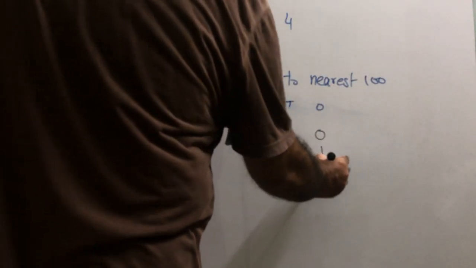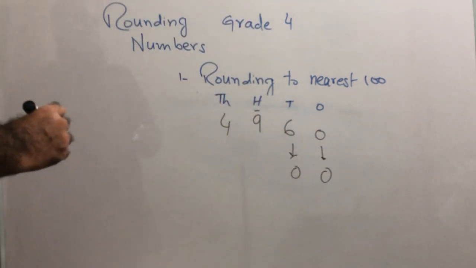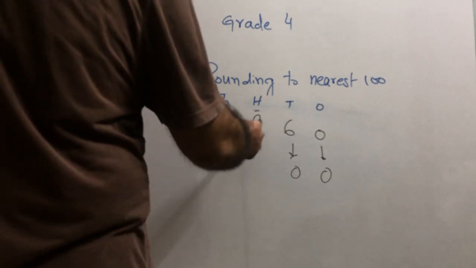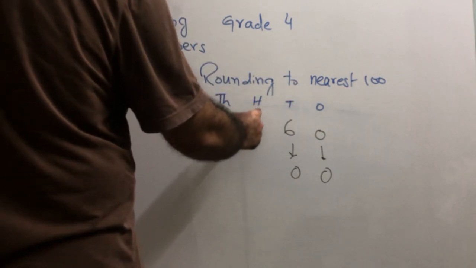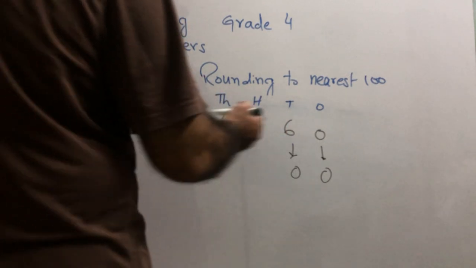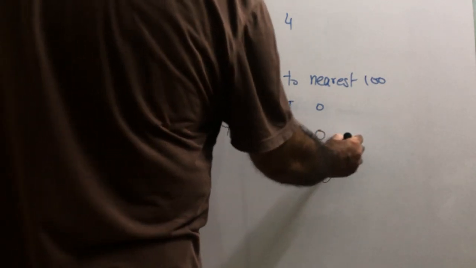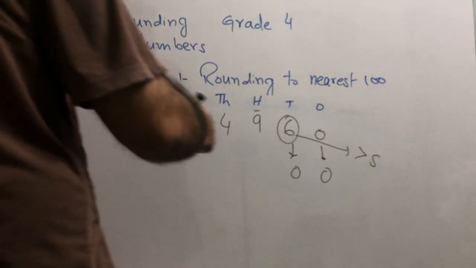It becomes 0. It becomes 0. This is the first action. The second action is that we look at the neighbor on the right side of 100. This is 6. If this number is greater than 5, then we add 1 to the 100th place.